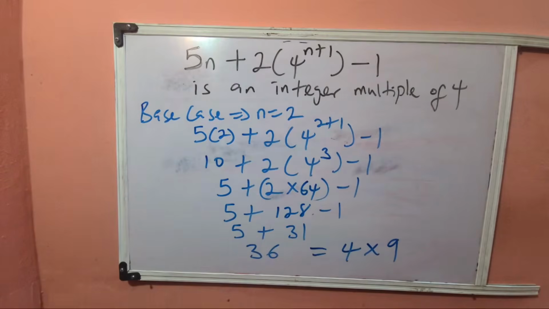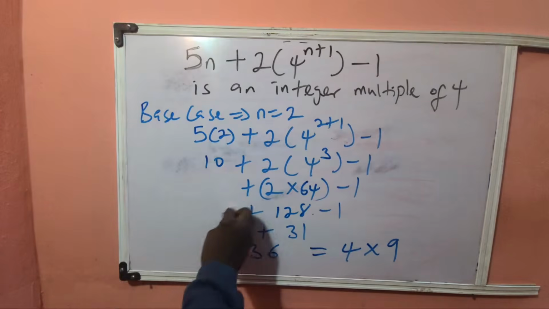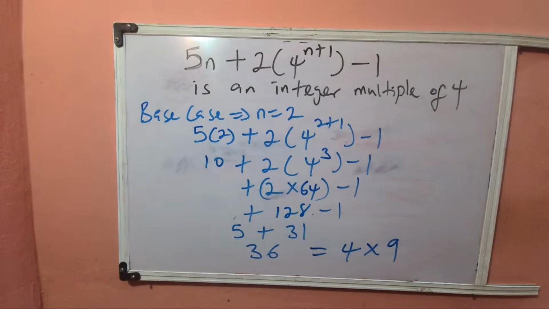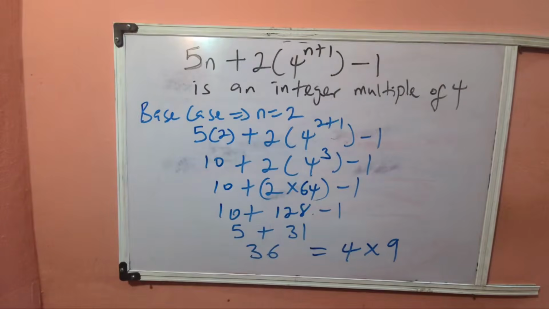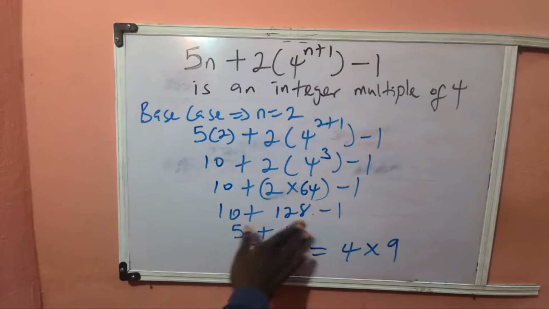Of course, we will no longer be having 5 here, we'll be having 10. So what we have here is 127.